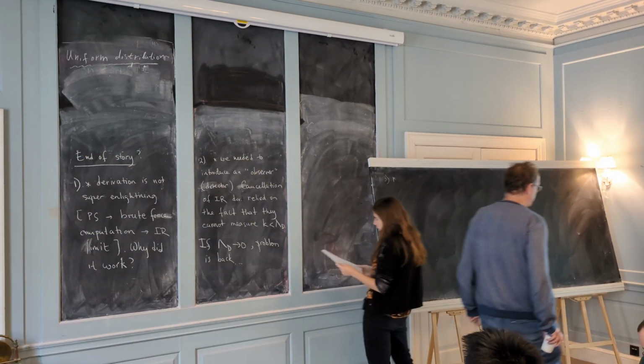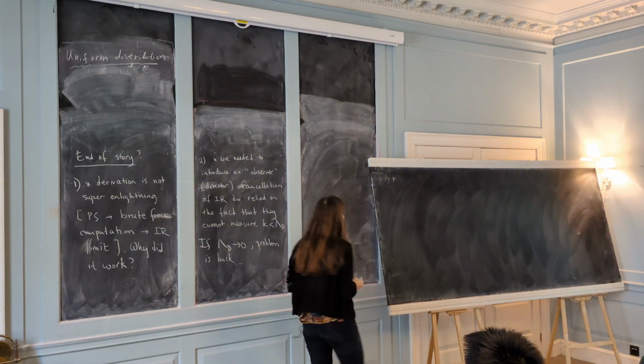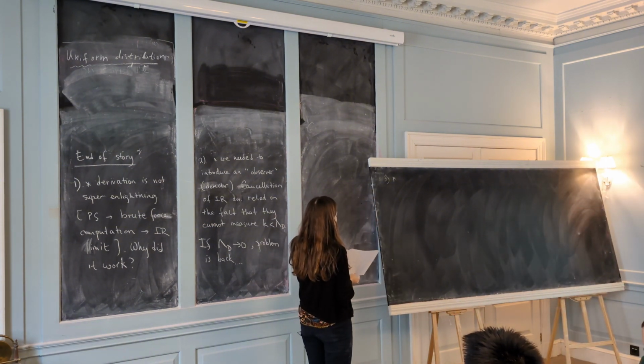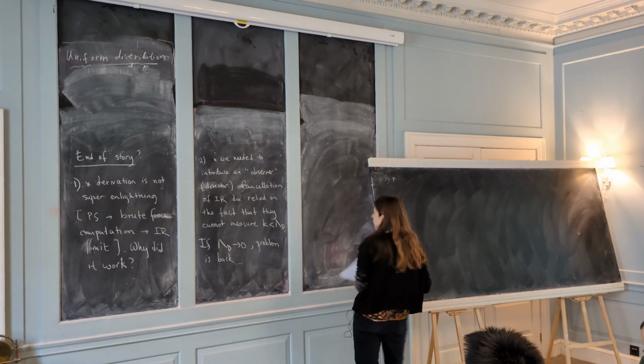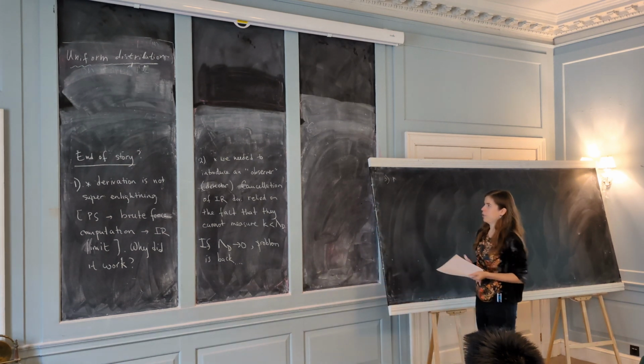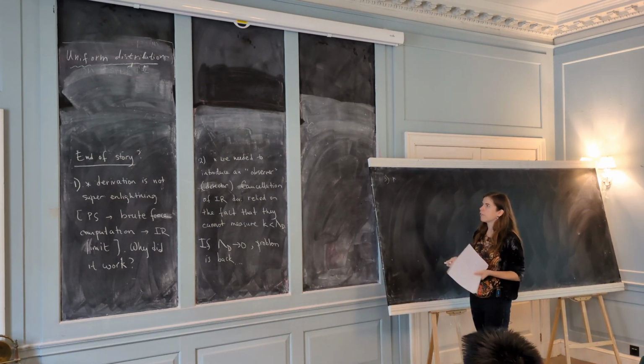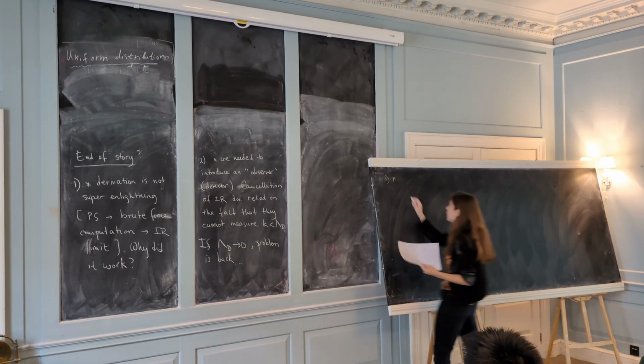But finally, you may be uneasy. The final point I wanted to make is that in this cancellation that we've seen, we sort of gave up trying to understand the S matrix.